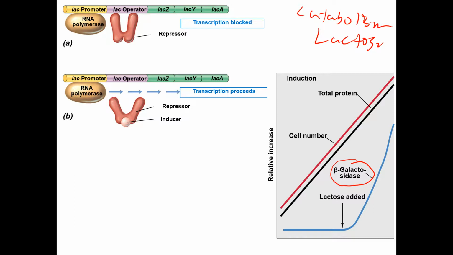Now RNA polymerase can go in and transcribe the genes needed for lactose catabolism. That's why, once the lactose is added, the level of beta-galactosidase increases, because the lac operon gets turned on, and you see that particular protein produced inside the cell.